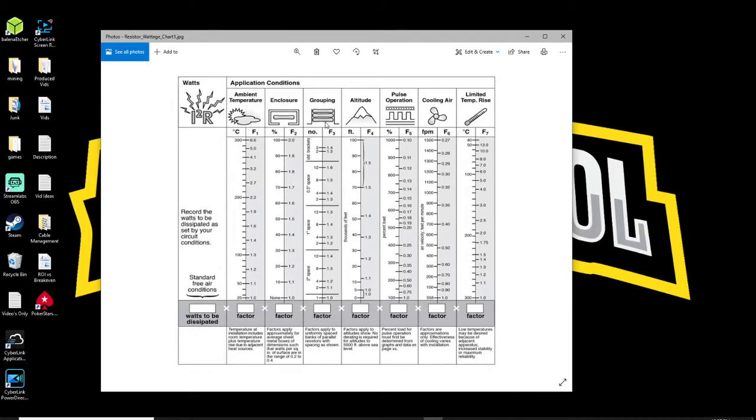The grouping: this goes into spacing between your cards, how close your rigs are actually together. The tighter the grouping, the more air you're going to need to move, because they're going to heat that air faster and faster.